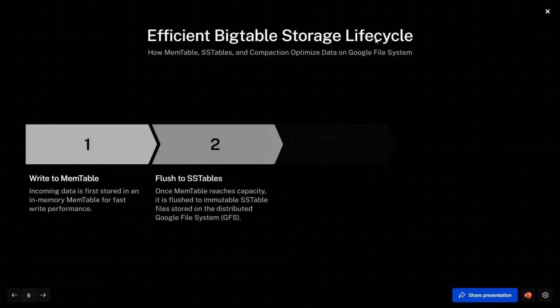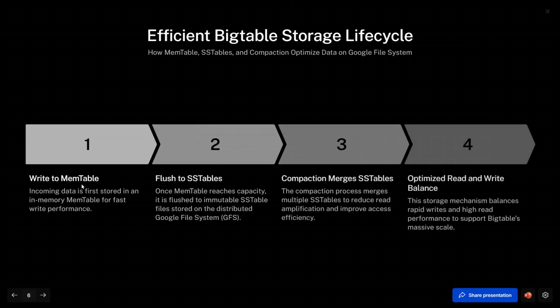Efficient Bigtable storage lifecycle. Bigtable architecture is both distributed and fault tolerant, consisting of several key components.